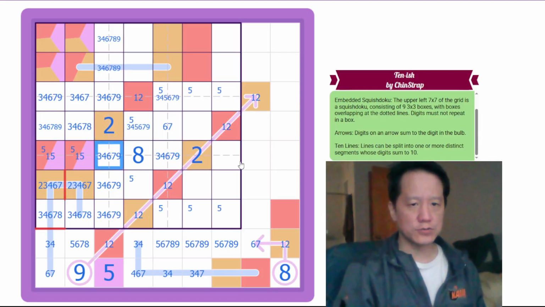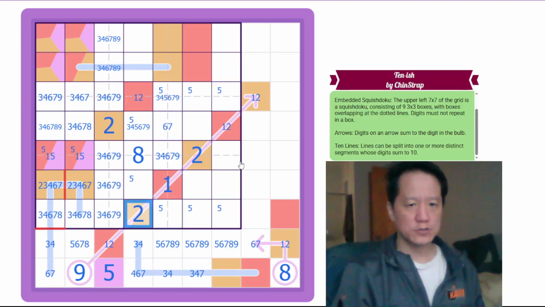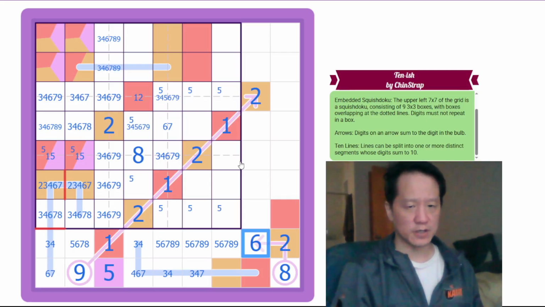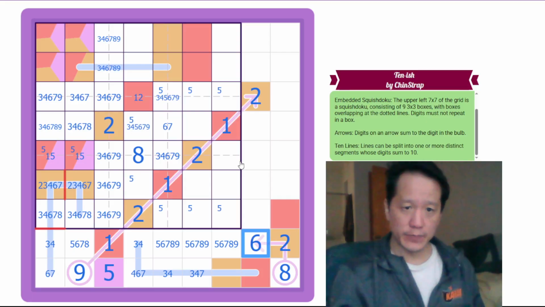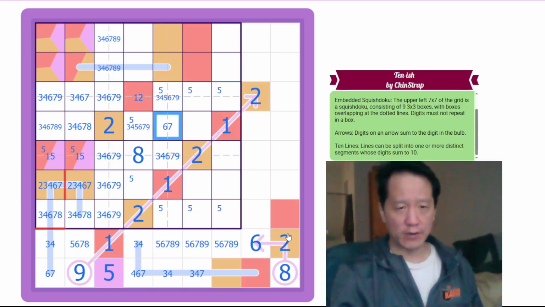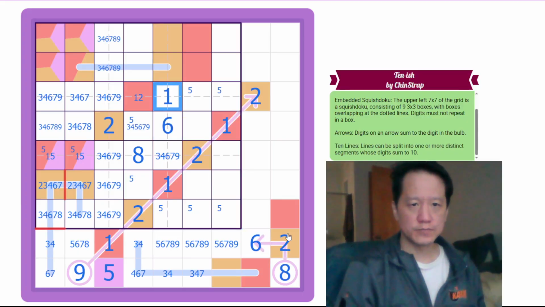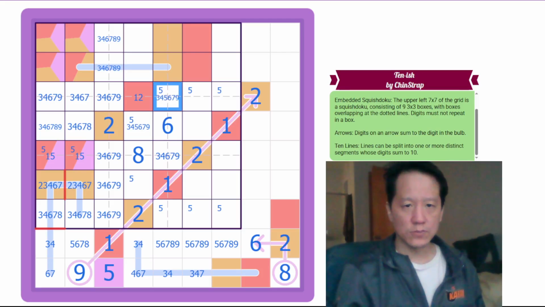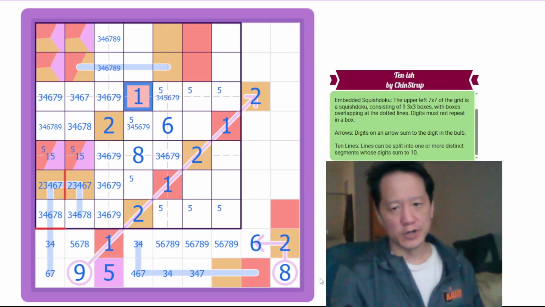So we have 2, 2, 1, 2, 1, 1, and 2. So this would be 2, which would force this to be 6. Which would mean that would have to be 6 here. So this is 1. 8 again would be one of these two.